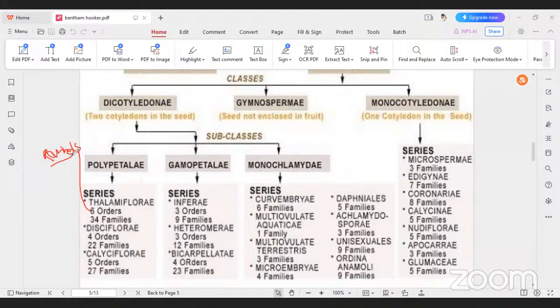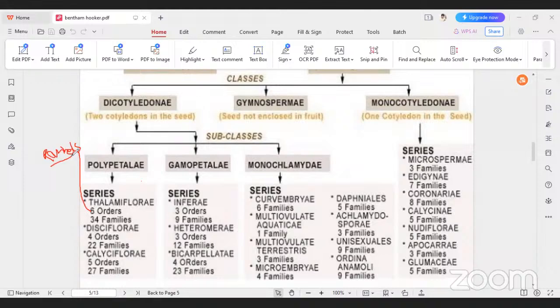In total Thalamiflorae has 34 families, but Ranales has 8 families: Ranunculaceae, Dilleniaceae, Calycanthaceae, Magnoliaceae, Anonaceae, Menispermaceae, Berberidaceae, Nymphaeaceae.